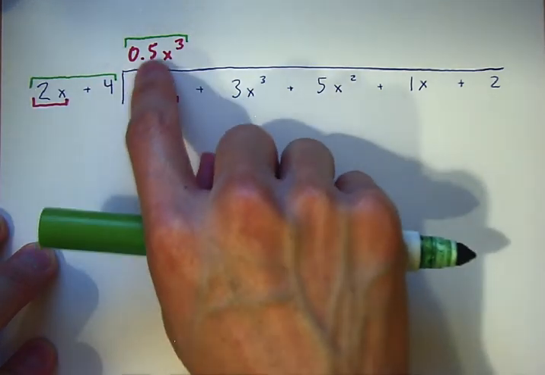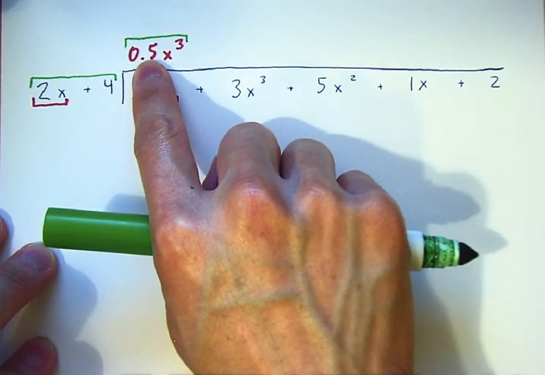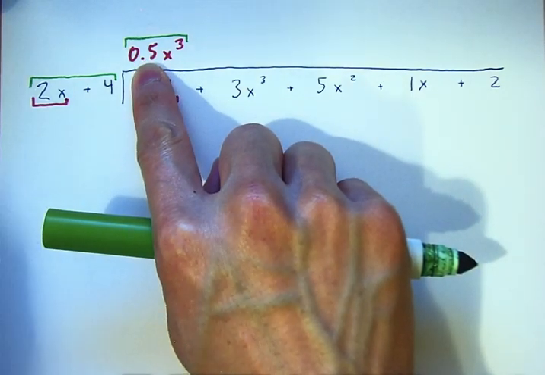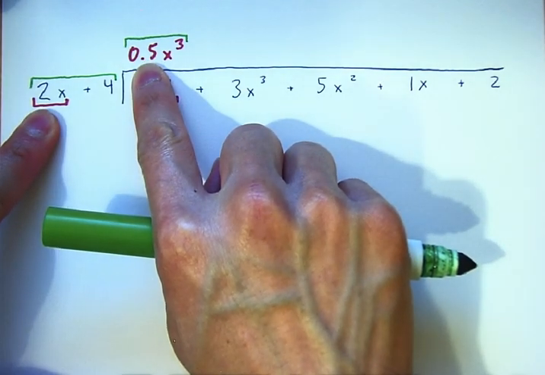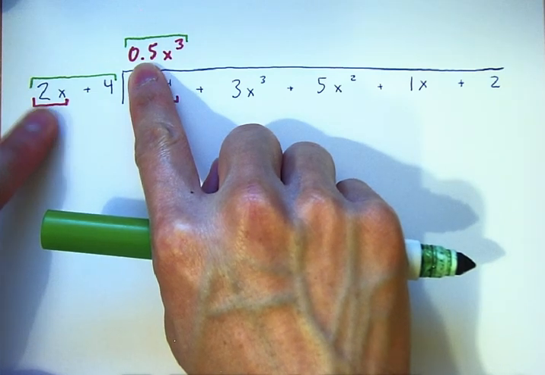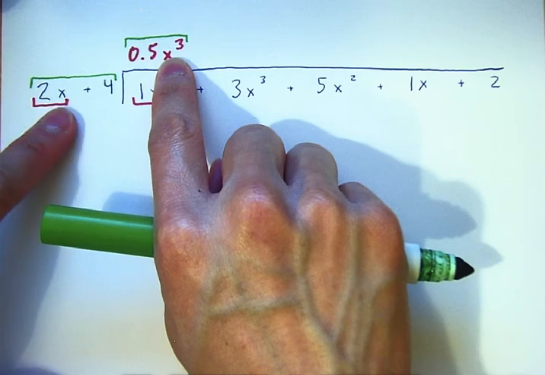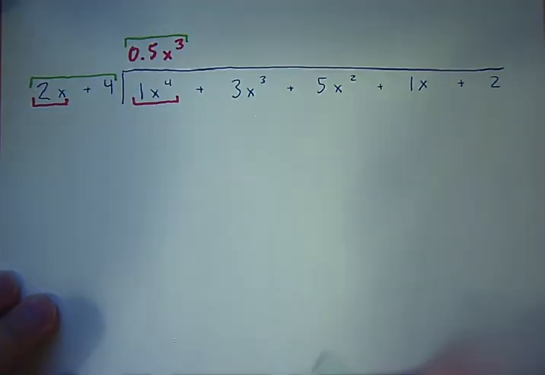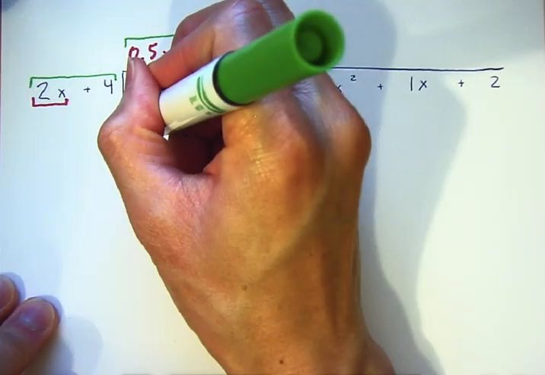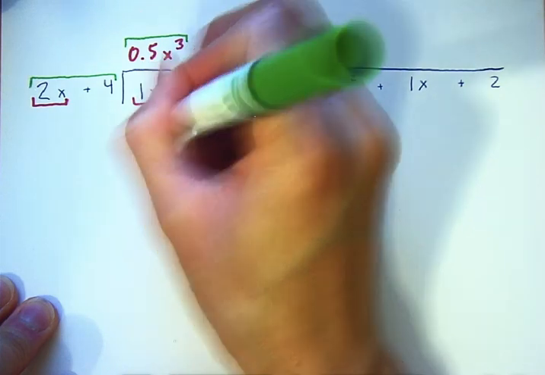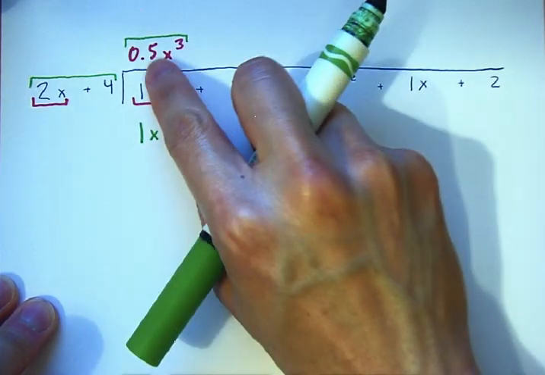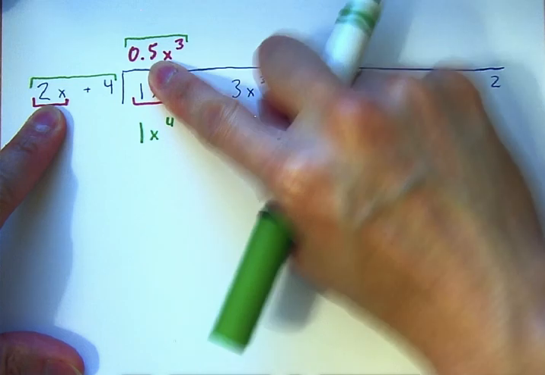Okay, so 0.5x to the 3rd times 2x. Well, 0.5 times 2 is 1. x to the 3rd power times x is x to the 4th power. So 1x to the 4th power. That's that one times that one.